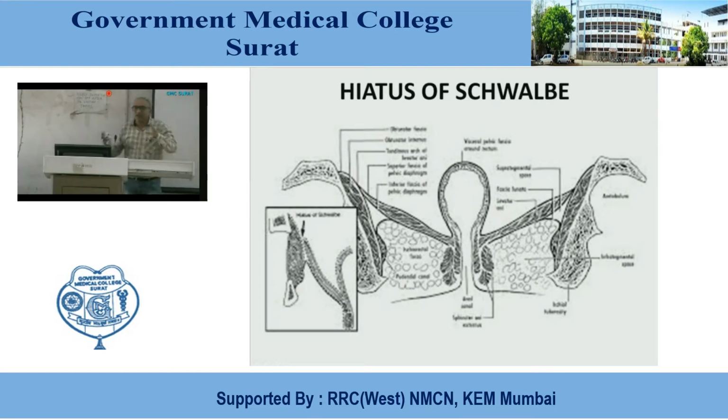So here the levator ani fails to arise from the lateral wall of the pelvis in a small part, and that will lead to an opening known as the hiatus of Schwab. And if this hiatus is large, then a pelvic organ may get herniated through this hiatus and come to lie within the ischiorectal fossa.